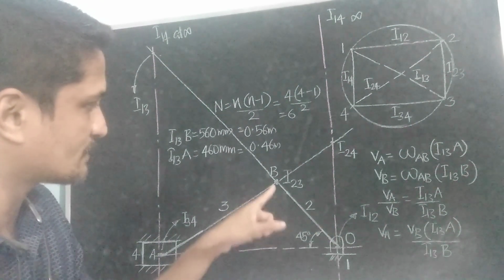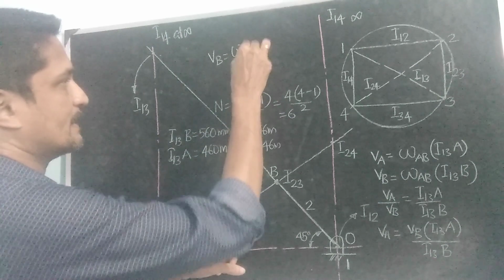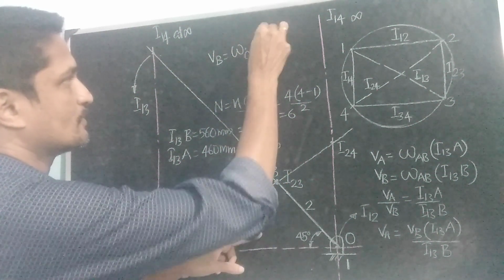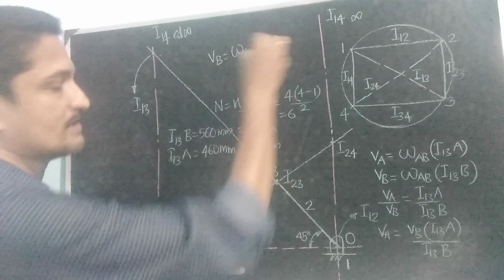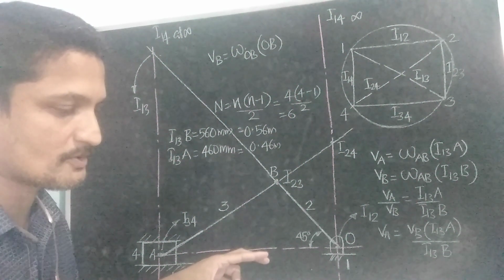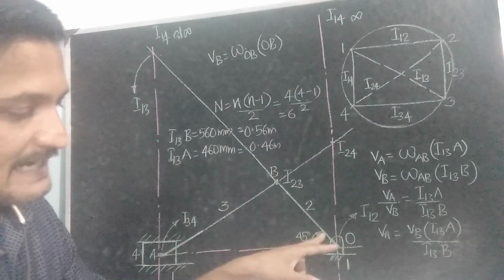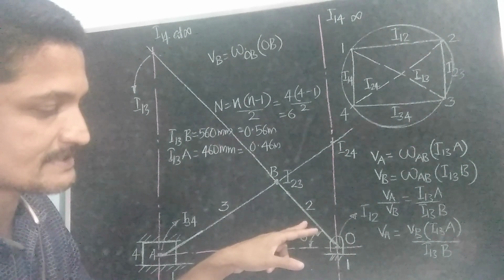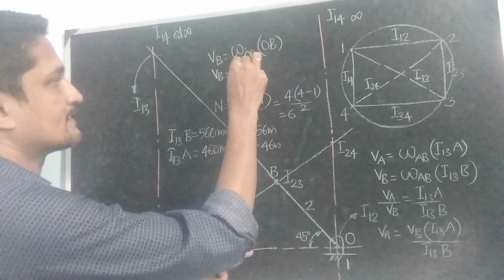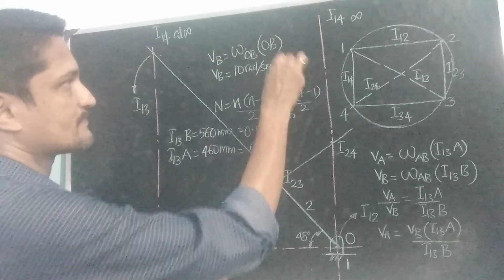Here, VB is equal to omega OB into OB. Omega OB is already given. Omega of this crank is already given as 10 radian per second. So VB is equal to 10 radian per second into OB.